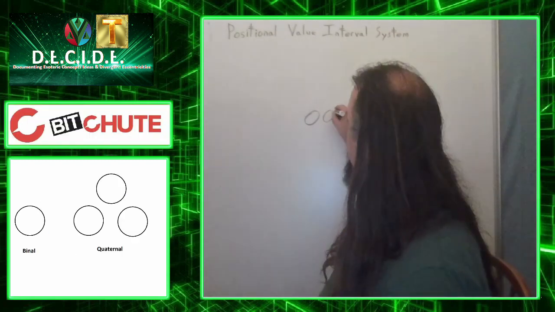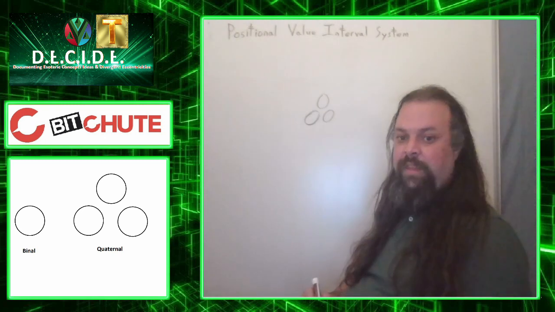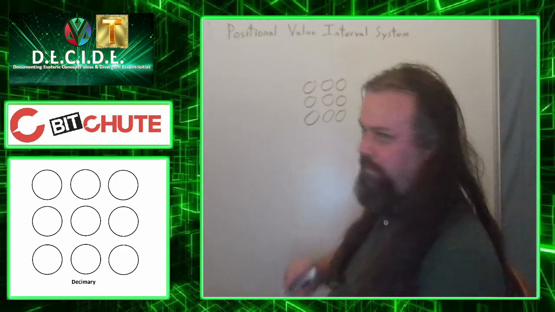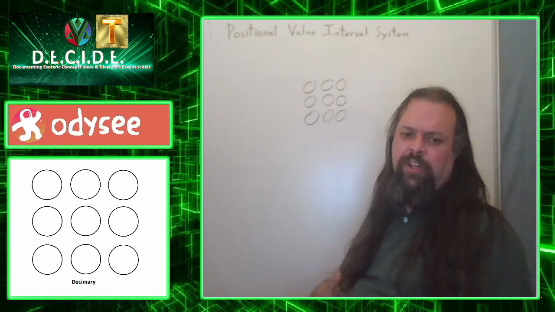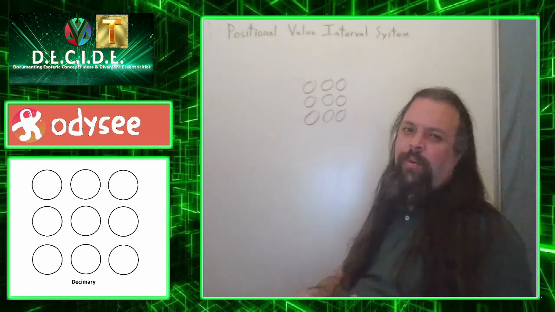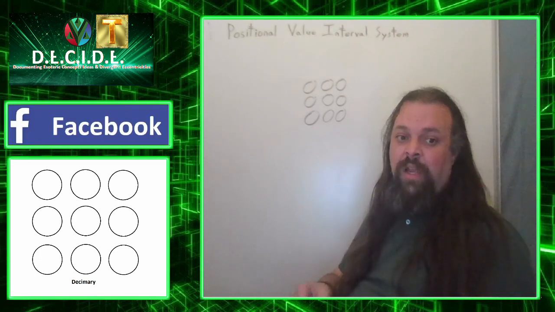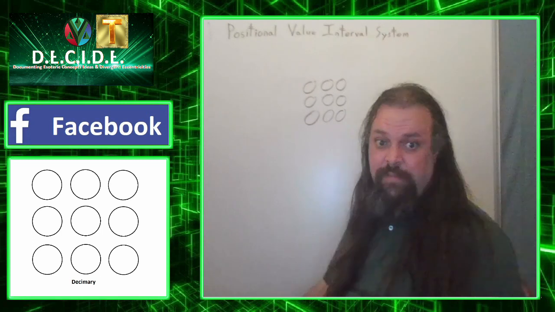A quaternal would look like this, and a decimary looks like such. These terms are the interval version of the base equivalent terms. Binal is equivalent to binary, quaternal is quaternary at base 4, and decimary is equivalent to the decimal system.